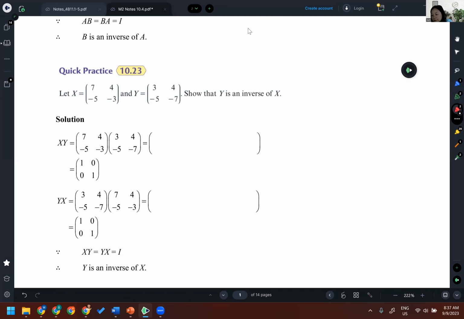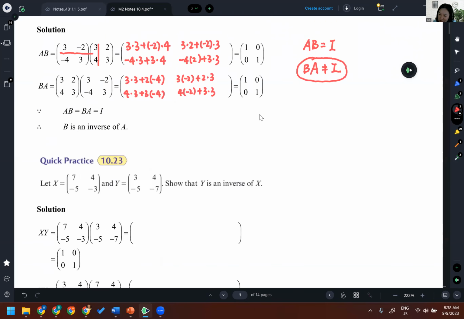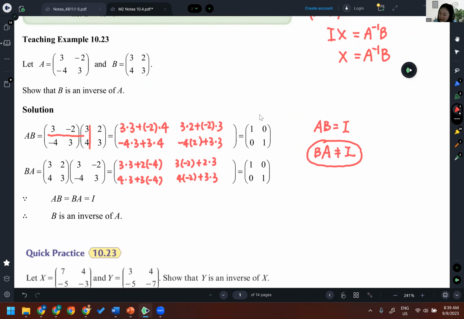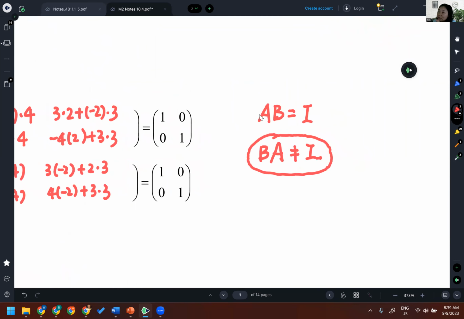Okay. Sorry, I shouldn't say it so negatively. In fact, I think with your ability, you should be able to prove it. So try this if you can.